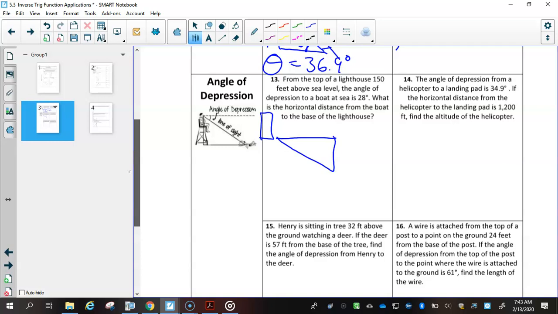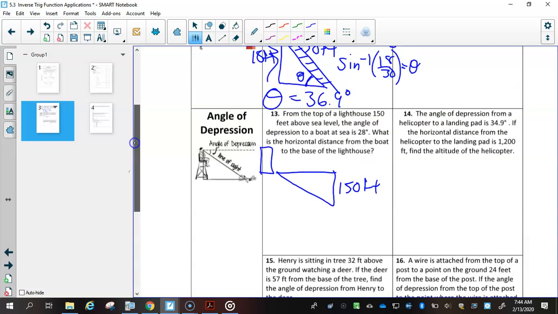Okay, so if your lighthouse is 150 feet above sea level, anything above sea level is weird anyway, because we're on the ground. So you drew this, and I didn't know what was happening until you drew the boat.